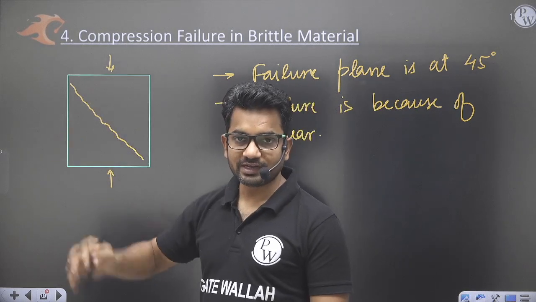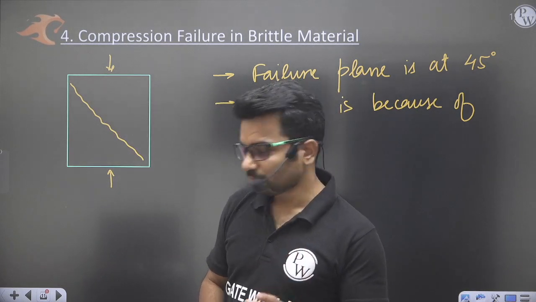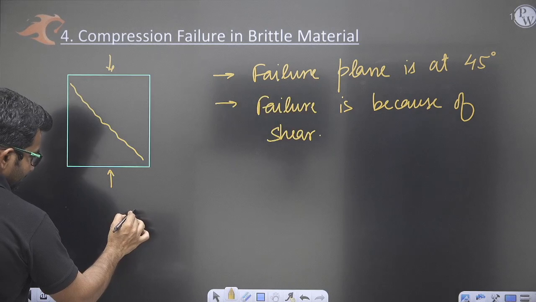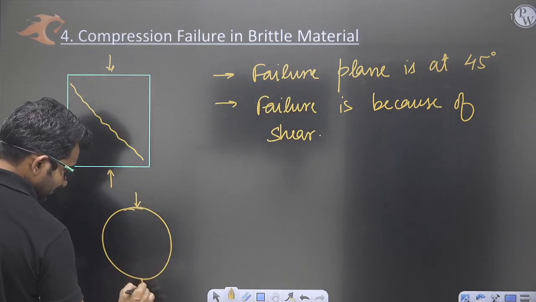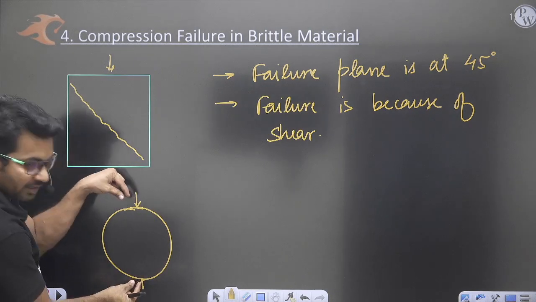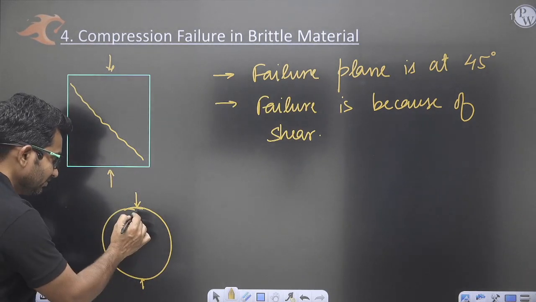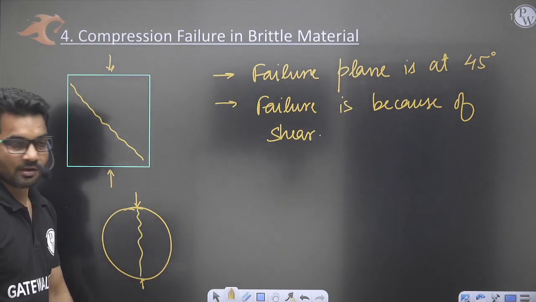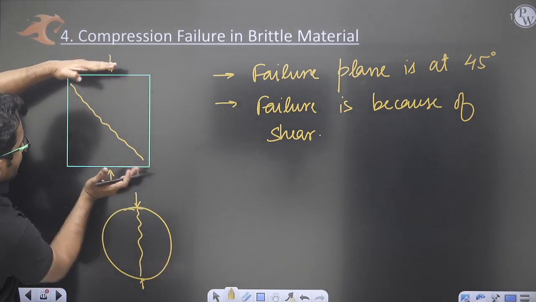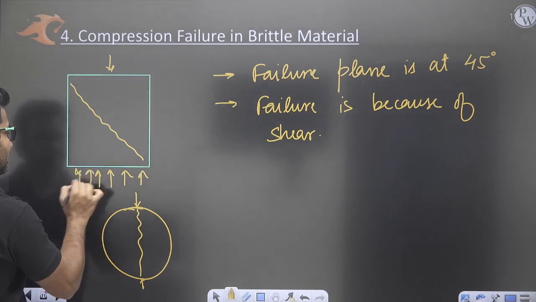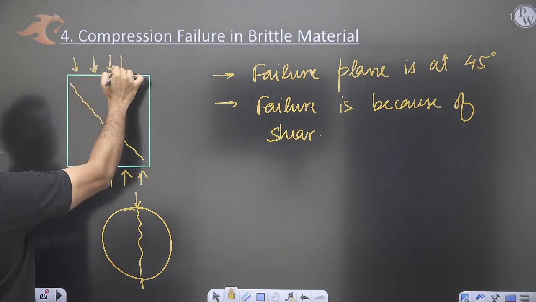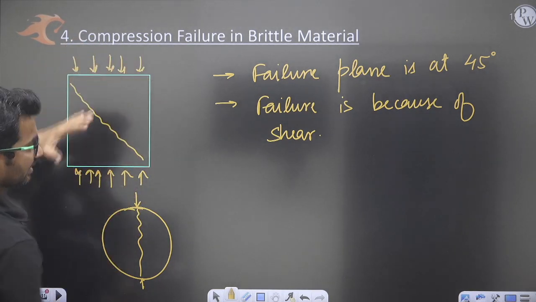Here also, you will be having doubts, sir, it should fail in tension. See, it is practically observed that when we apply compressive loading on a very small part, a small area, then it will be primarily tension failure. But when we apply compression loading on the entire area, then there will be shear failure, okay.